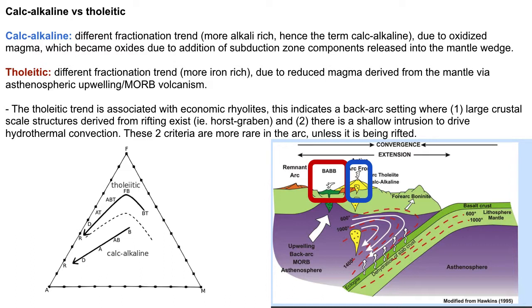So when the slab subducts, it carries some water with it. When it reaches a sufficient depth, it melts, releasing that water, and that water goes into the mantle wedge, oxidizing the magmas there. Those magmas eventually rise to surface and create our calc-alkaline products.